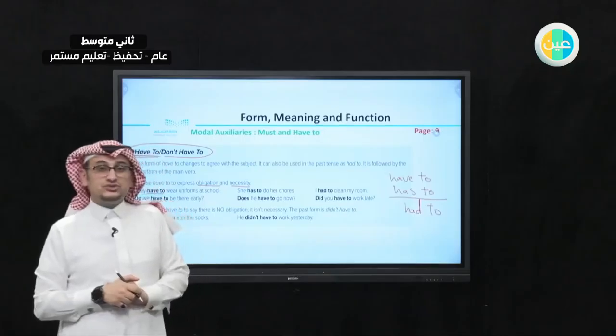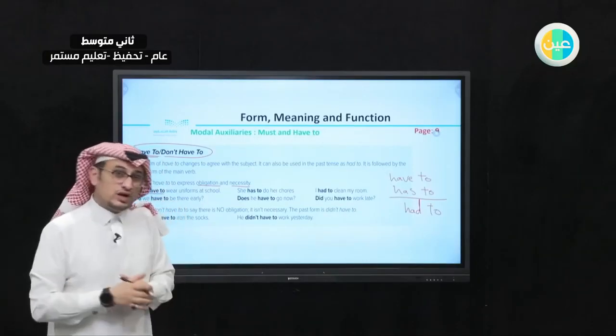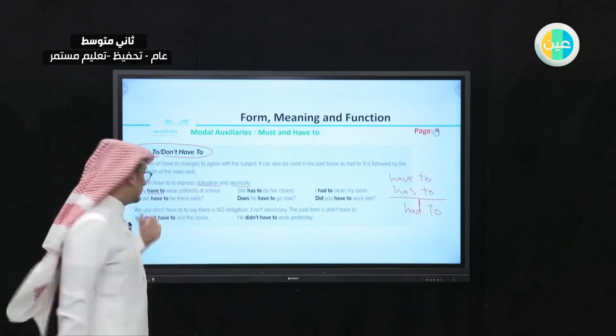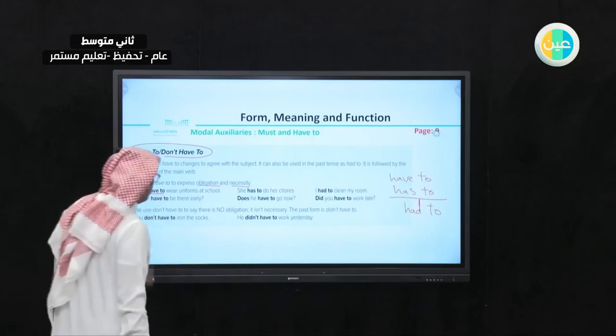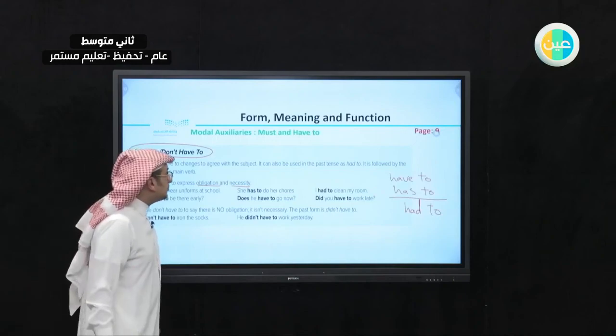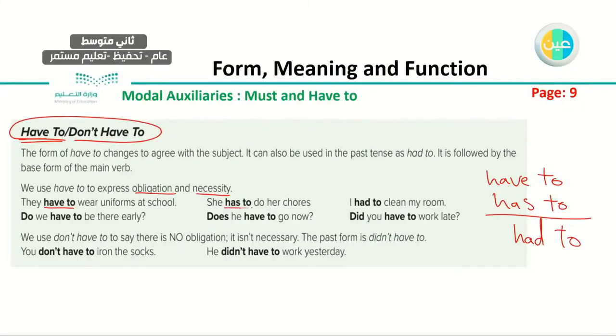You don't have a choice to wear different kinds of or casual clothes. She has to do her chores. Has to, we have third person singular here, she. In the past form, I had to clean my room. So that's the use of have to in different times.